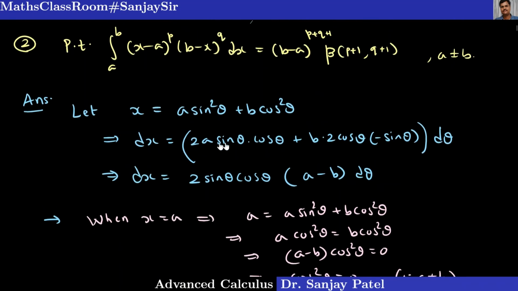So we have found the corresponding limits of this integral. Still, to simplify this in an easy way, we must find the expression for x minus a and b minus x using this substitution.